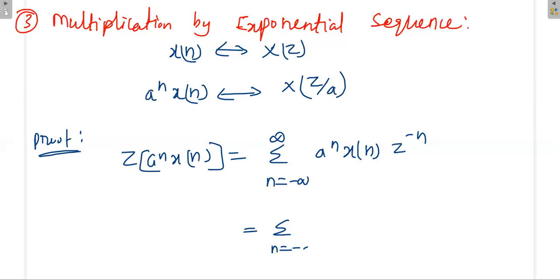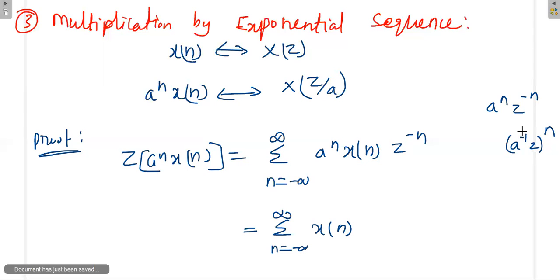Okay, a power n multiplied with z power minus n, I can write like a power minus 1 z power n. Something is wrong, a power n z power minus n.